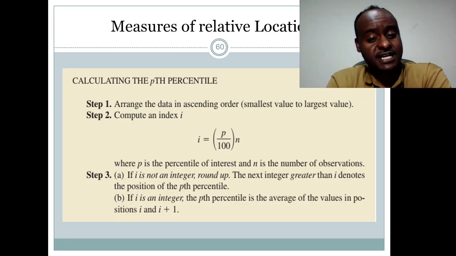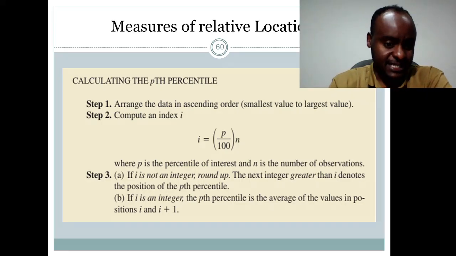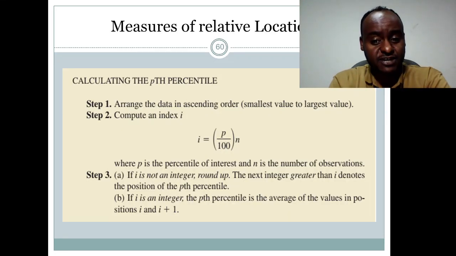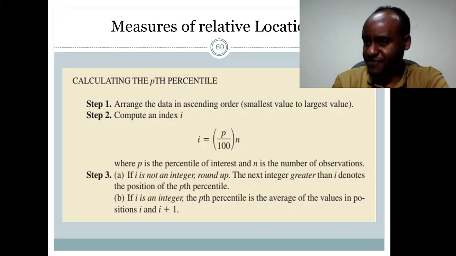Calculating the P-th percentile has three steps. The first step is to arrange the data in ascending order, from the smallest value to the largest value. That is the first task.